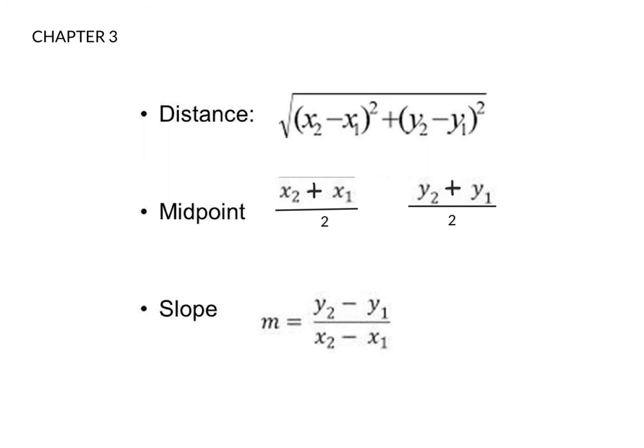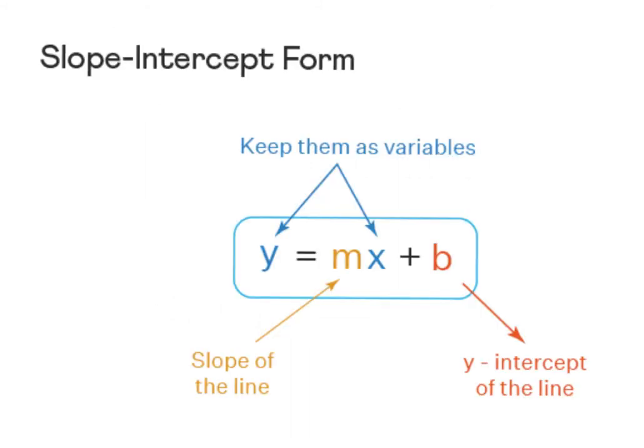This chapter is also where we started graphing linear equations, putting stuff in slope-intercept form, y equals mx plus b. Your m is your slope, your b is your y-intercept. So when graphing, you start at your y-intercept on your y-axis, then go up or down, left or right based on your slope. This whole chapter dealt with that.